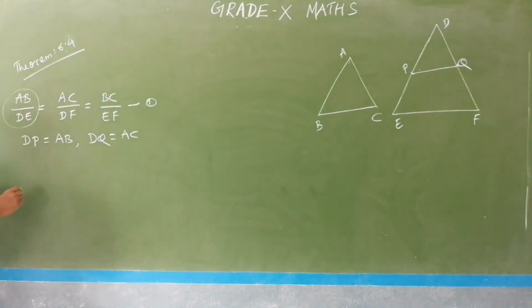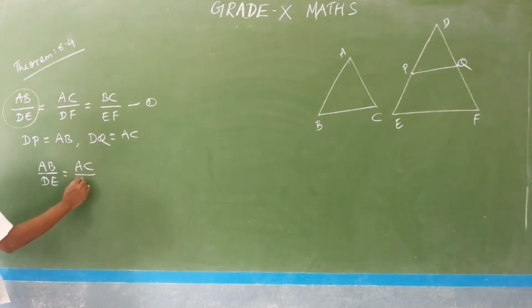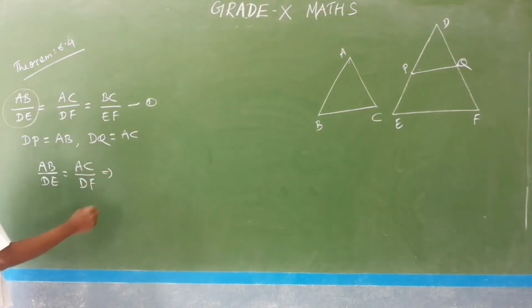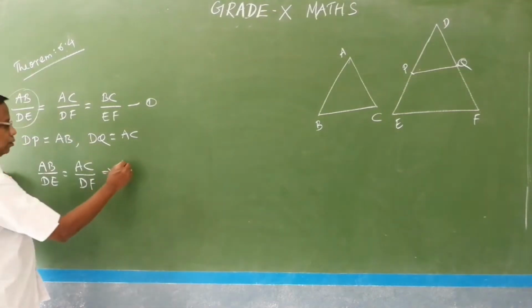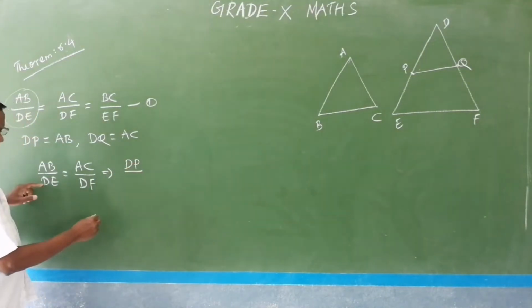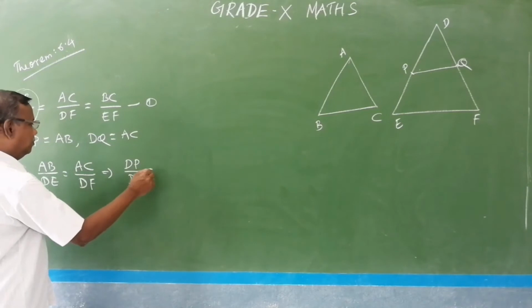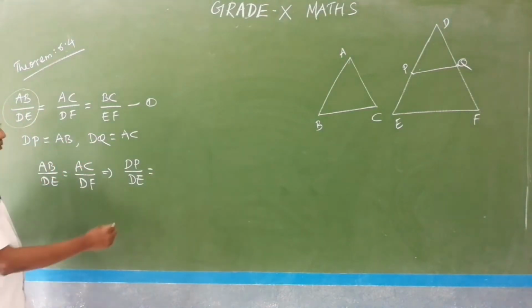In this ratio, we know that AB by DE equal to AC by DF. But AB equal to DP, and AC equal to DQ.